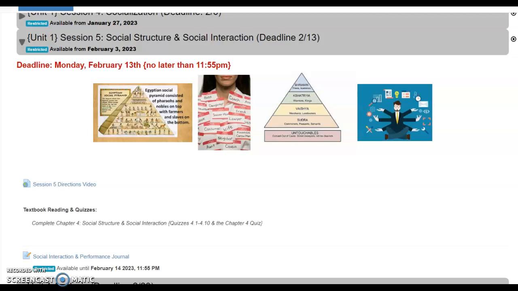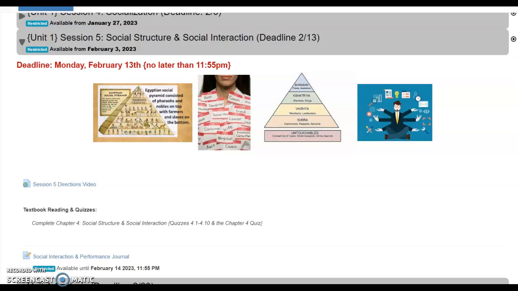How do they aid in our society? What do they function to do? And what they contribute to our society, is it positive? Is it negative? Or is it positive and it needs some improvement? So think about some of those things as you go through our chapter 4 this week.